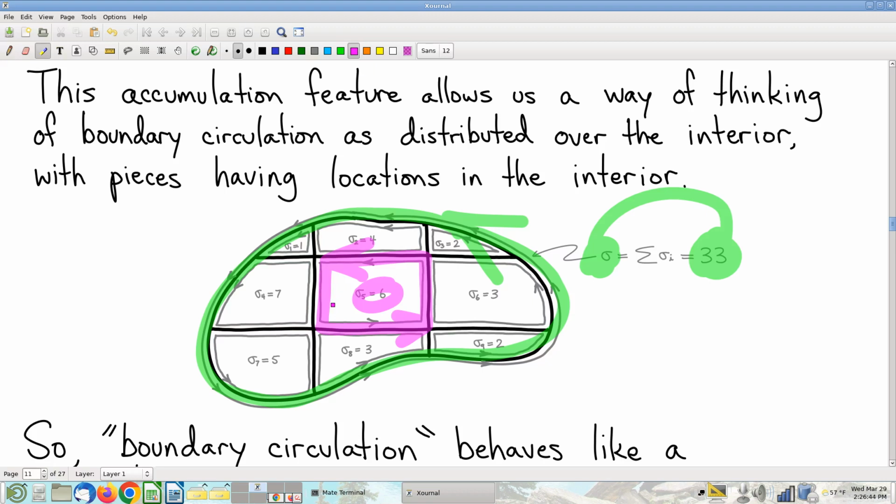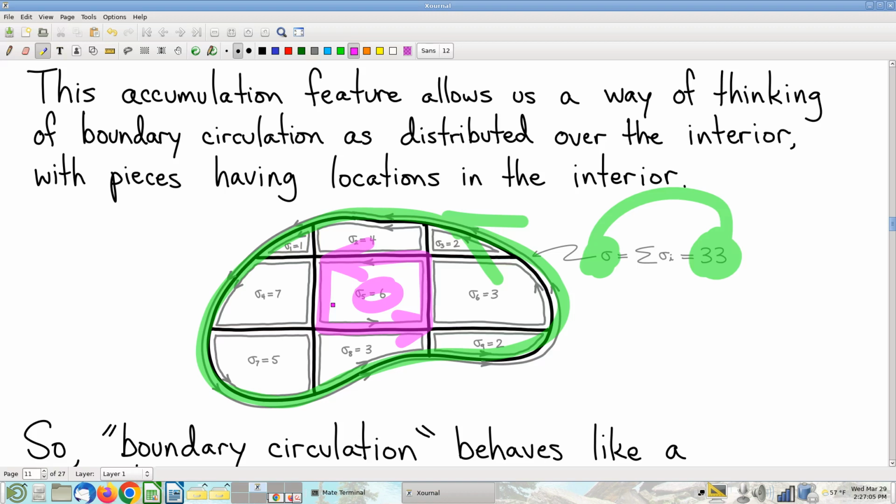Very straightforward. If you think of boundary circulation, regardless of where it's computed, as associated to the area, as if it's distributed across the area, I know it isn't, but if you pretend that it is, then everything makes sense.